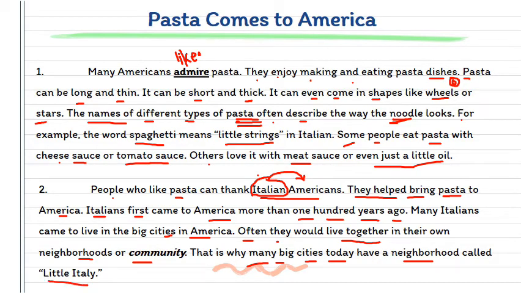So a group of Italians moved to America a long time ago, and they lived in a neighborhood. They lived together near each other, and they built a community together. That neighborhood is called Little Italy.